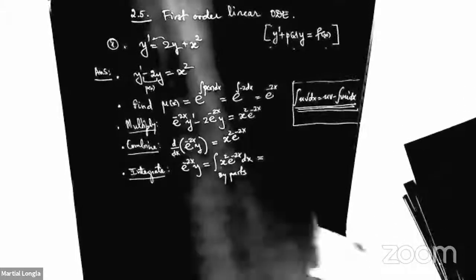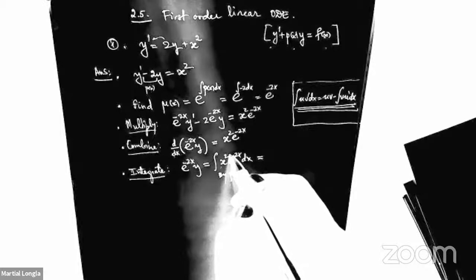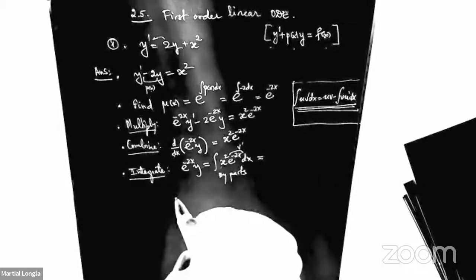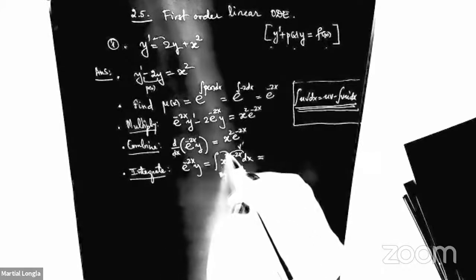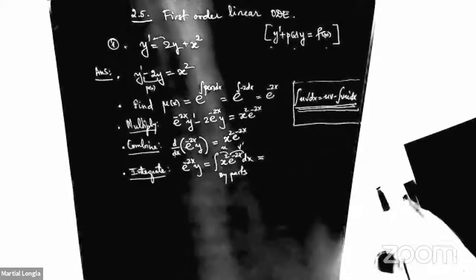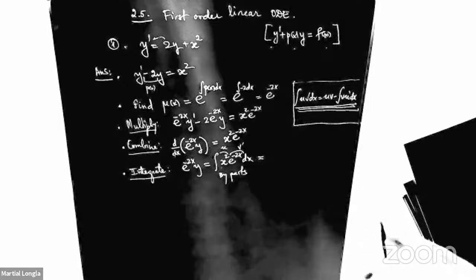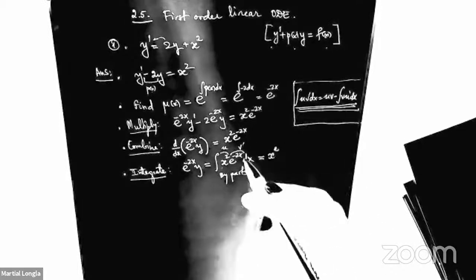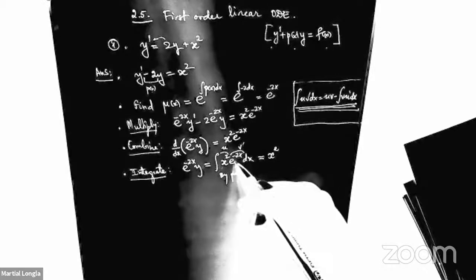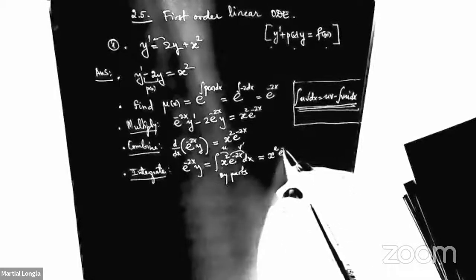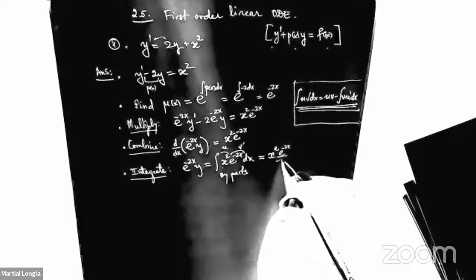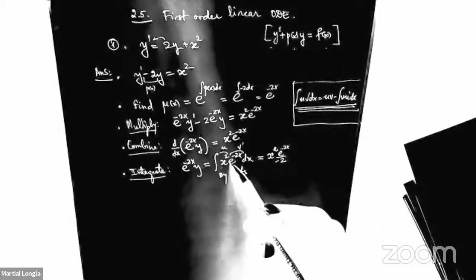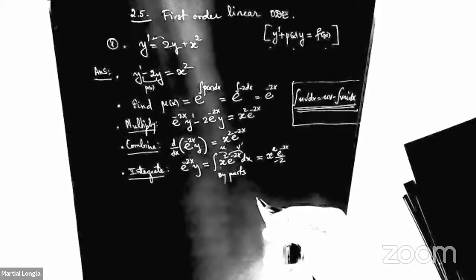So we are going to take this as v prime, and this as u. U is x squared, and if this is v prime, then v is e to the minus 2x over minus 2, because that's the function that has derivative e to the minus 2x.